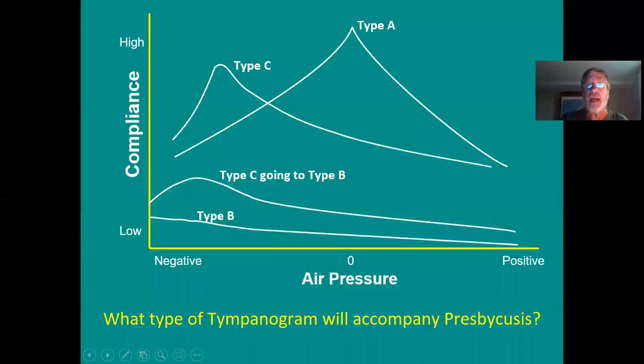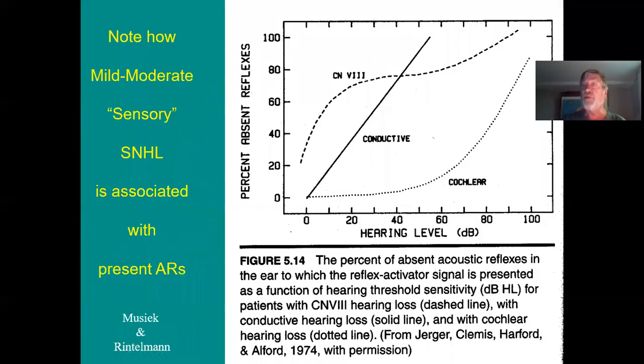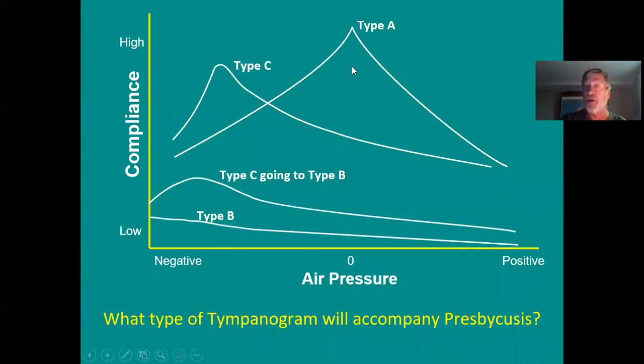Now, here you're looking at types of tympanograms. Remember from last week, Type A is a normal tympanogram, and sensory neural loss has nothing wrong with the middle ear. So they will have normal tympanograms just like a normal hearing person will. Acoustic reflexes are the little tiny muscles that pull when a loud sound is put in the ear, and that's also done by way of tympanometry.